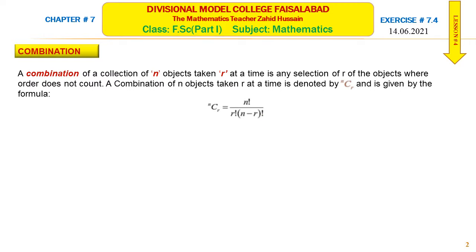Earlier in the previous lesson, we defined permutation. Permutation is the number of arrangements of n objects in which order is important.